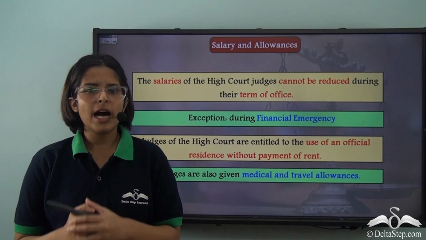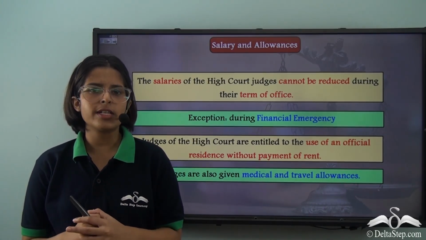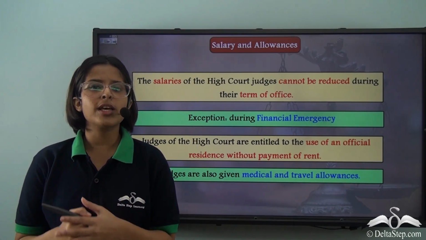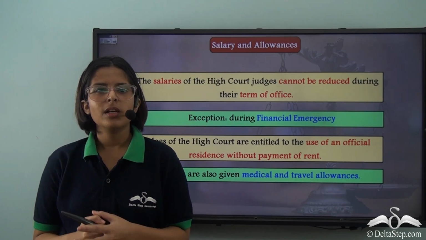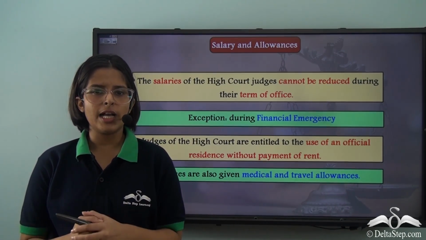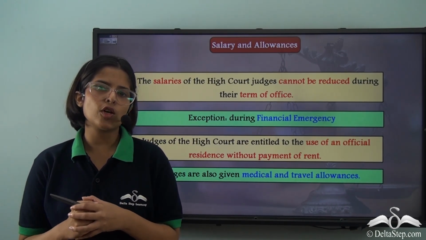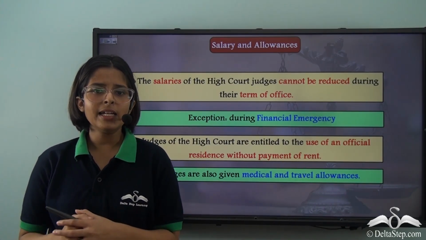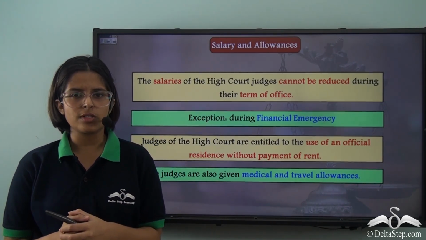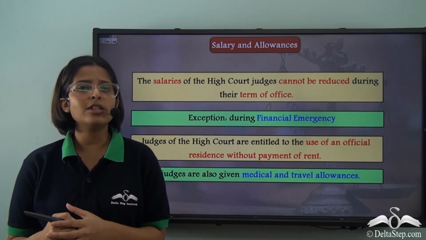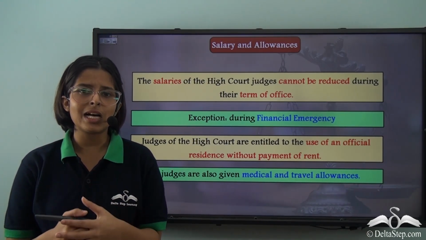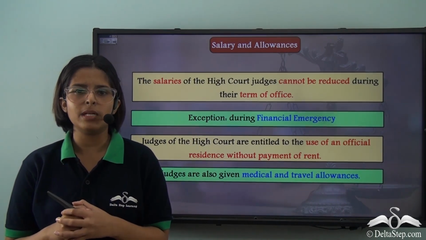So the judges of the High Court are very high judicial authorities in the country, for which they are given a handsome salary. The salaries of the judges of the High Court are charged on the Consolidated Fund of India, and they are non-votable expenditures, which means that the salaries of the judges cannot be discussed or voted upon in the parliament.